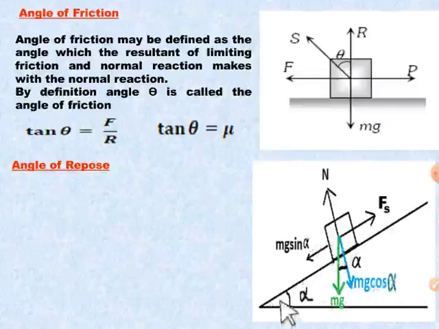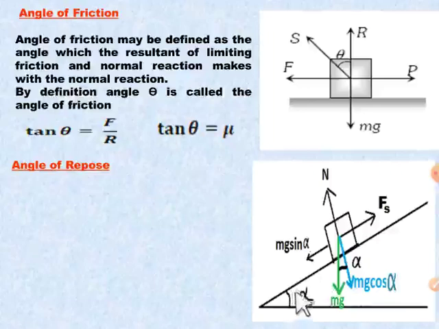But at a particular angle of the inclined plane, the block of mass placed over it just starts sliding. That angle of inclination, where the block just starts sliding, we call the angle of repose.